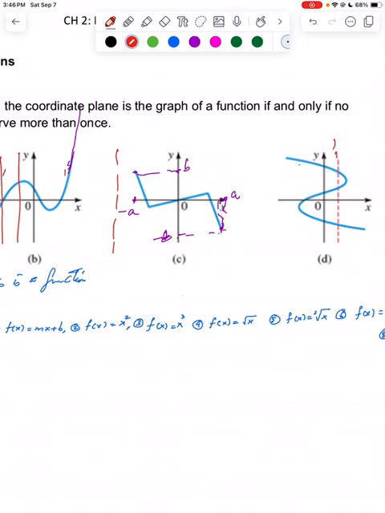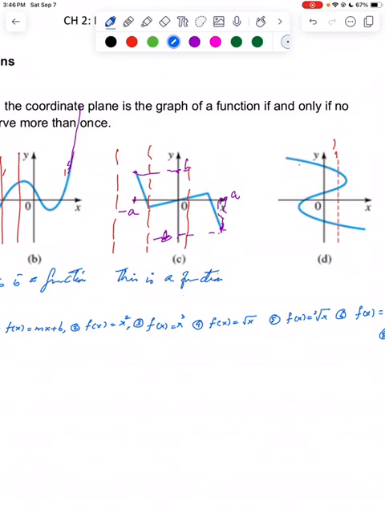Still, it can be a function. Now, keep drawing vertical lines in different places, and you will note that nowhere does it cross the graph in more than one point. Anywhere it crosses, it will cross only at one point. So this is a function.